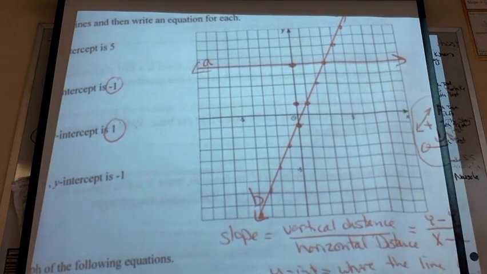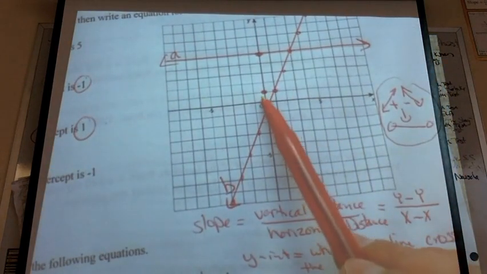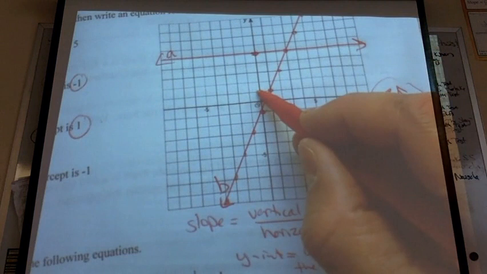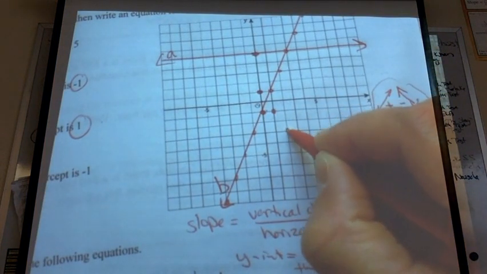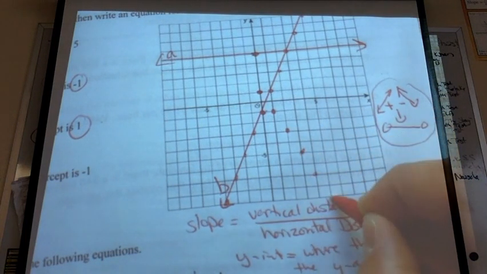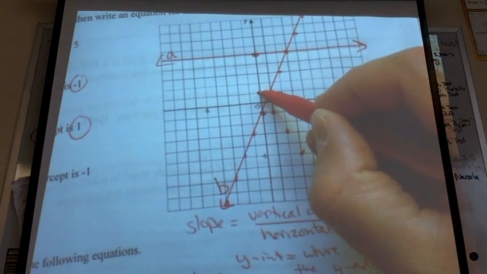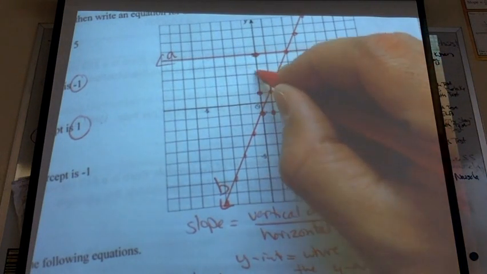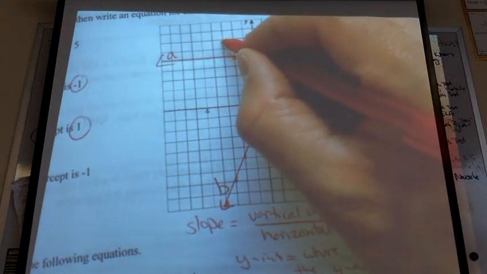Now it's a negative slope, negative 2 over 1. So our line is going to be going downhill. So this time I'm going to go down 2 and to the right 1. Down 2 to the right 1. I'm going to keep doing that pattern. Or I can go back to where I started with our y-intercept of 1, and I'll follow my slope. I'm going to go up 2 and left 1, just as long as our line is going downhill from left to right.